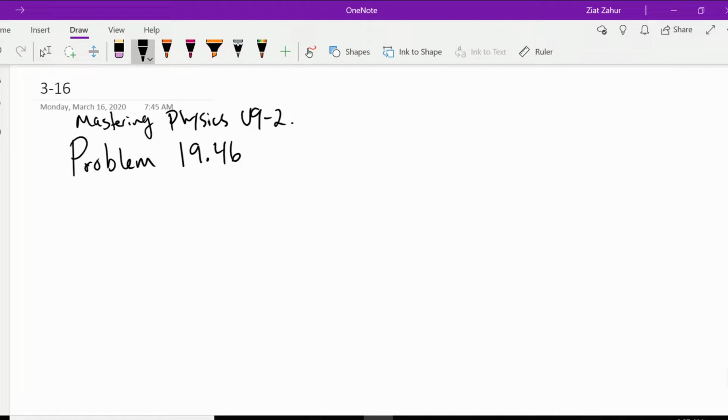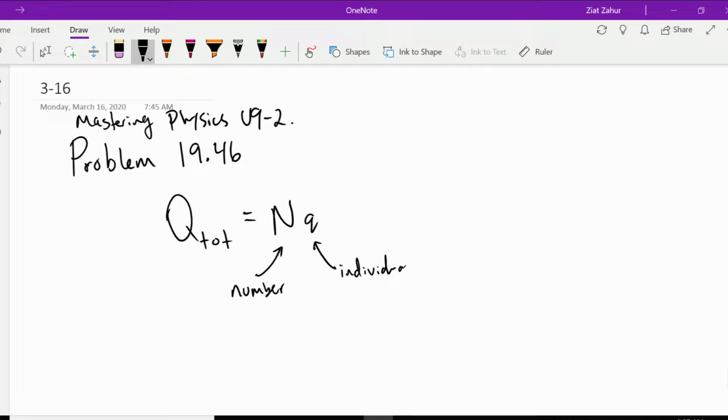So the formula here is the basic formula where you're trying to find the total charge, Q total, and it's equal to N, whatever number of particles you have, times the individual charge, little q.